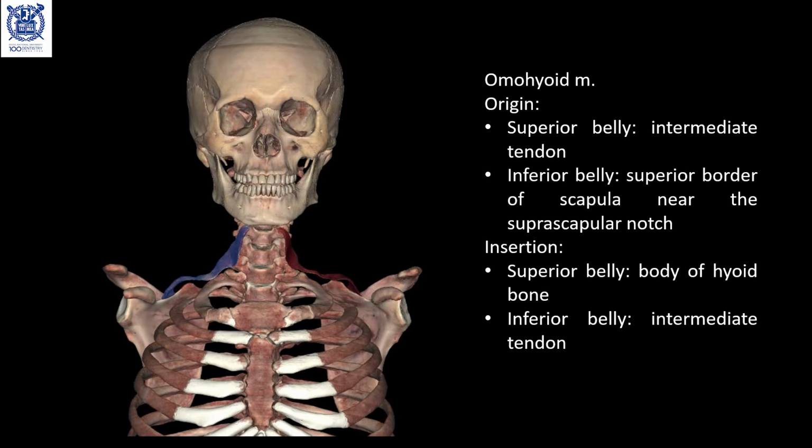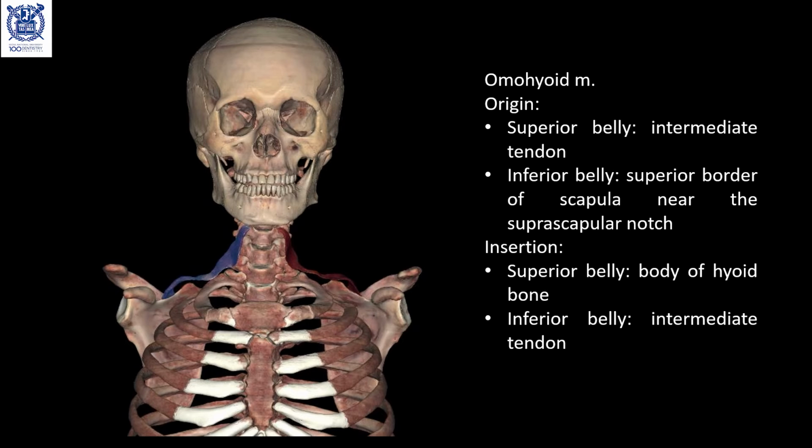Its superior belly serves as the most lateral member of infrahyoid muscles, located lateral to both the sternothyroid and the thyrohyoid. The superior belly originates from the intermediate tendon and inserts to the body of the hyoid bone. The inferior belly originates from the superior border of scapula near the suprascapular notch and inserts to the intermediate tendon.